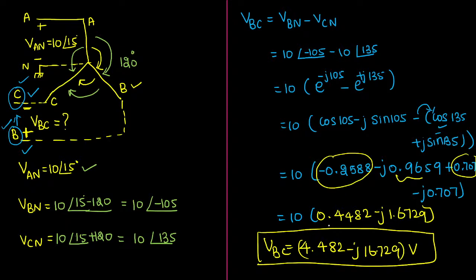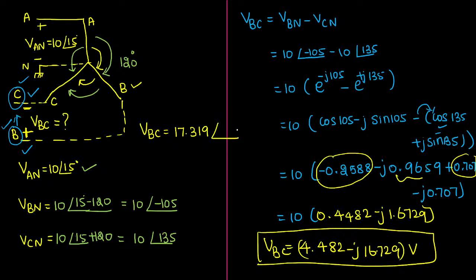Find out the magnitude first: 4.482 and 16.729, square them, don't forget. So I'm getting 17.31, so the magnitude of VBC will be approximately 17.32.